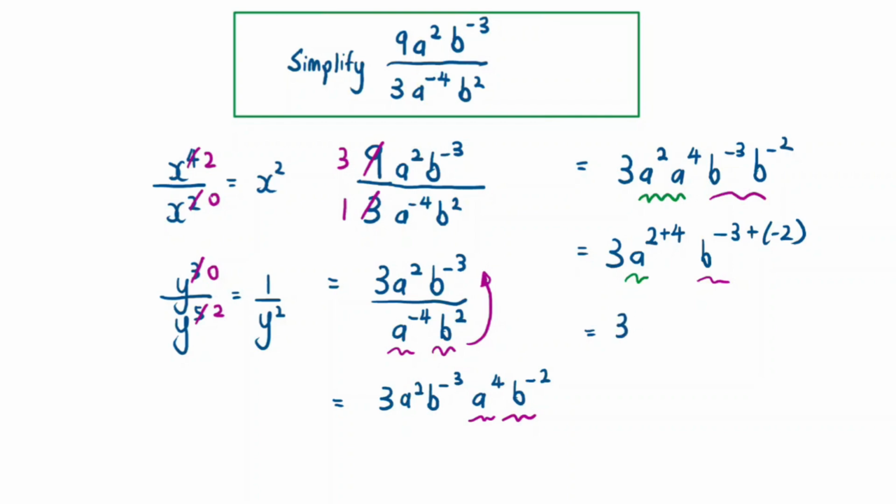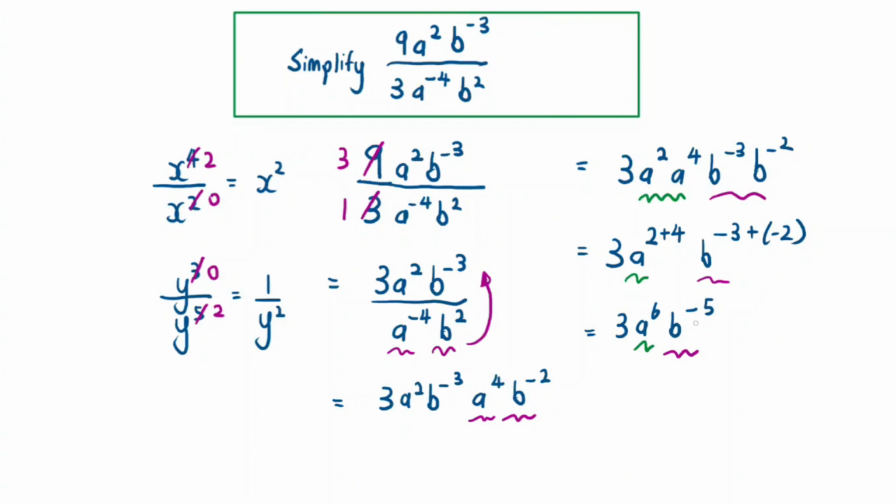Next, let's simplify this expression further. 2 plus 4 gives us 6, so we get 3 times a to the power of 6. And for b, the powers simplify into minus 5. Usually for the final answer, by convention, we need to leave the answers in positive indices.